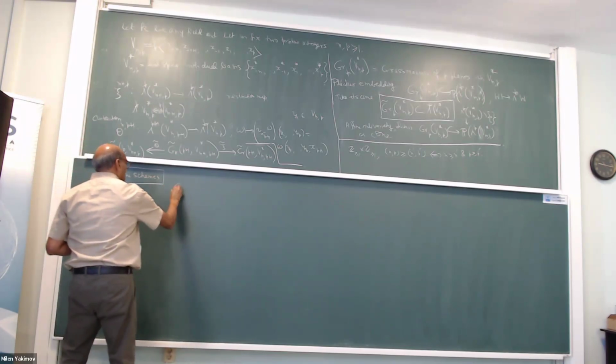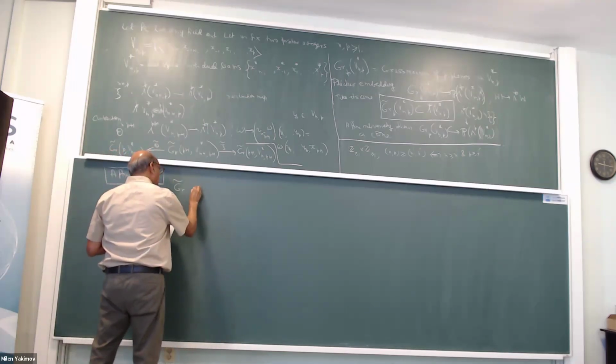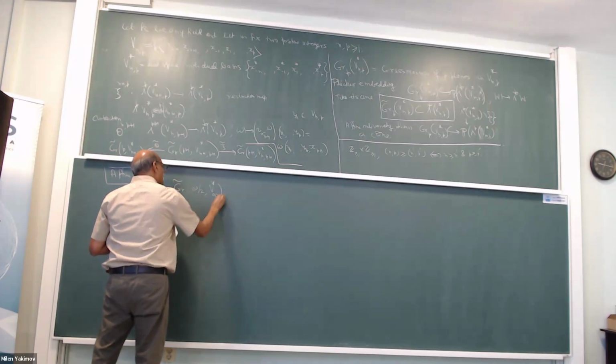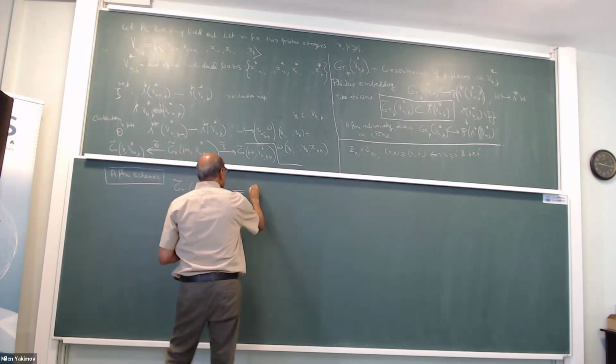So this is the tilde Grassmannian, and I'm going to let me write it, and I will explain everything in a minute.